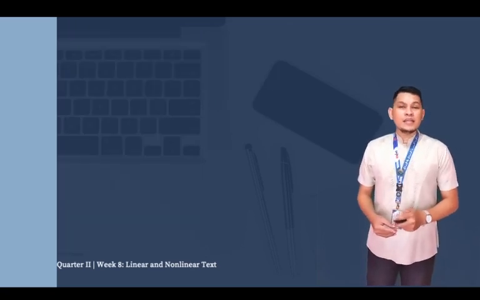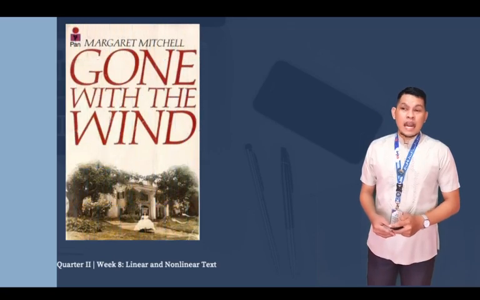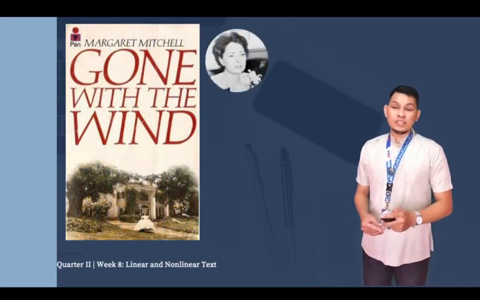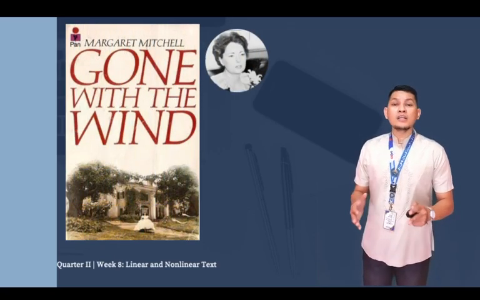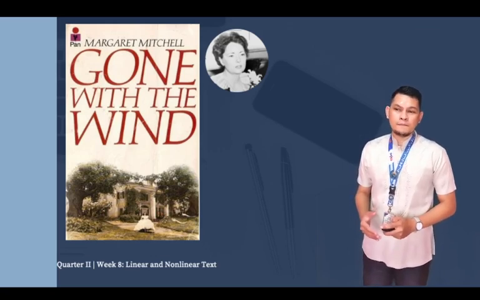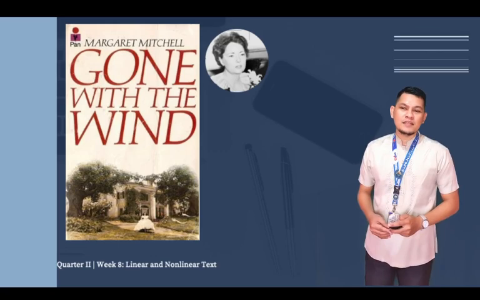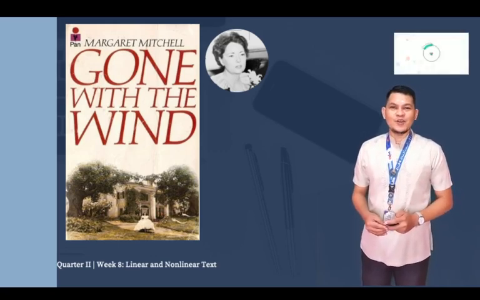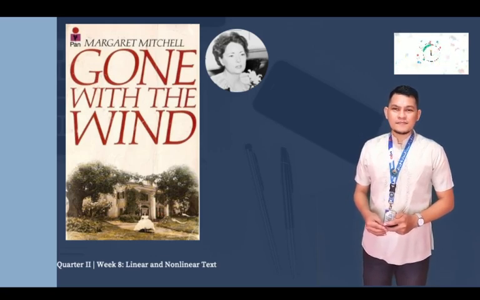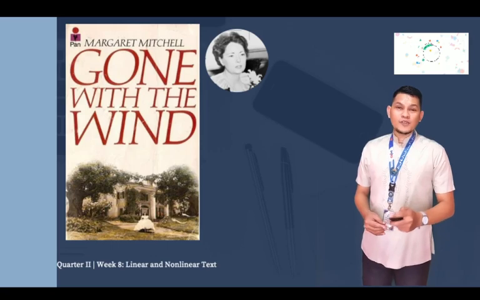This third example is written by Margaret Mitchell, an American novelist and journalist. It is entitled Gone with the Wind. What type of linear text is shown on your screen? 5 seconds to key in your answer. Alright, time's up.